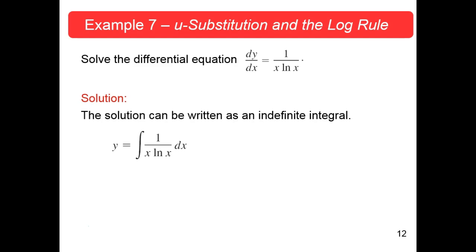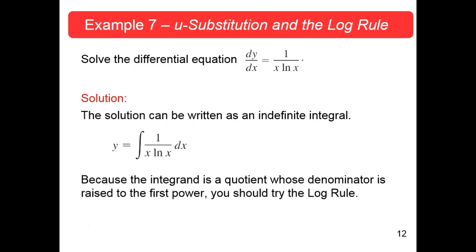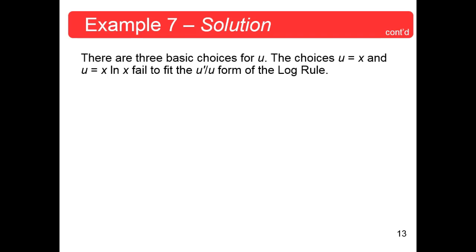Now, because the integrand is a quotient whose denominator is raised to the first power, you should try the log rule. Yeah, if you solve that, that would be fine. But Patrick, I think, was the one who suggested let's do a u substitution and let u be log x. And that works just as well, too. There are 3 basic choices for u. You could use x, don't, or x log x, don't.